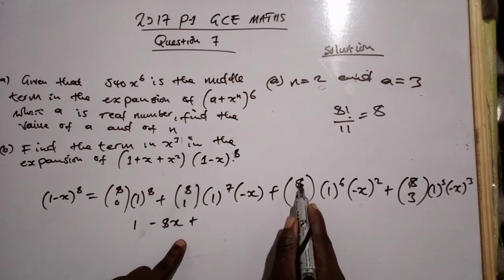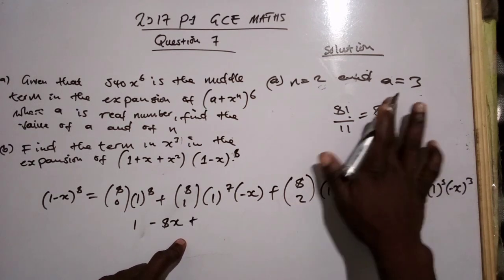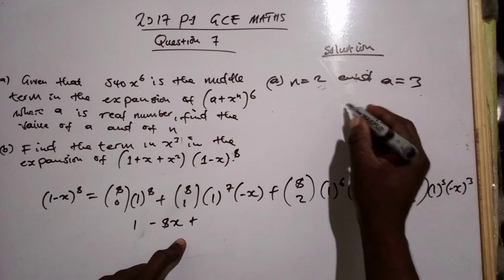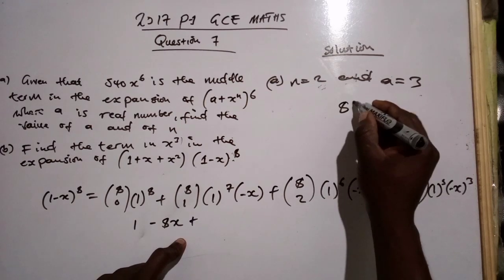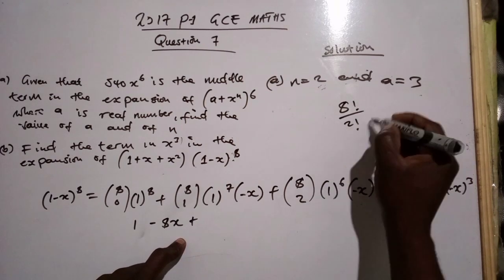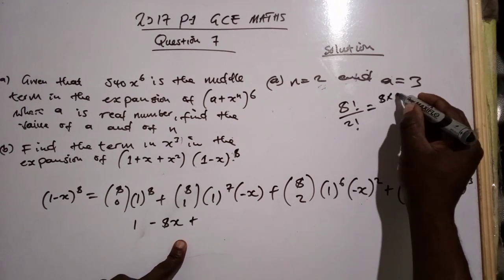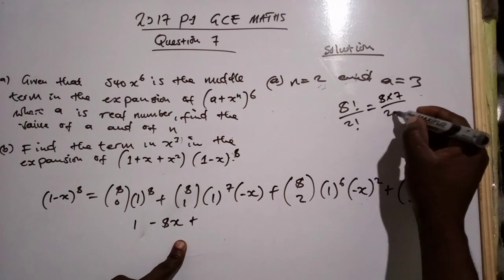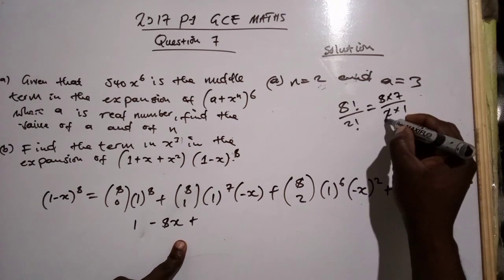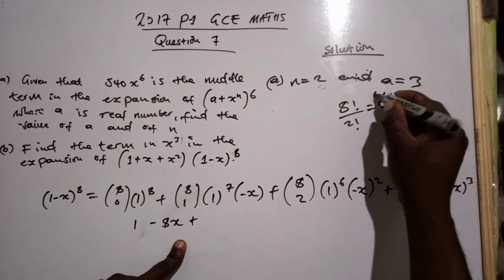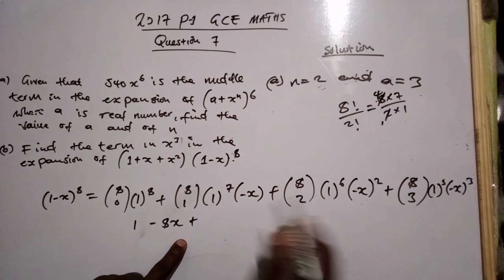So plus, when 8 takes 2, so when 8 factorial takes 2, you're going to say 8 times 7 over 2 times 1. 2 into 2, 1. 2 into 8, which is 4. 4 times 7, which is 28.